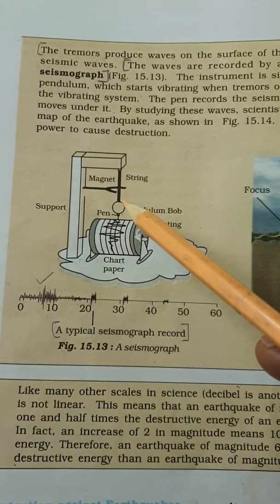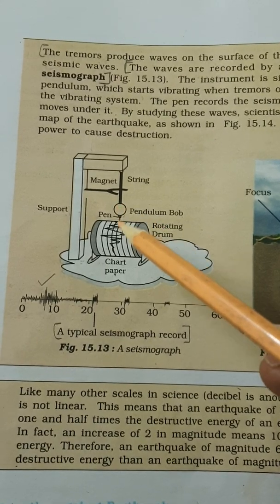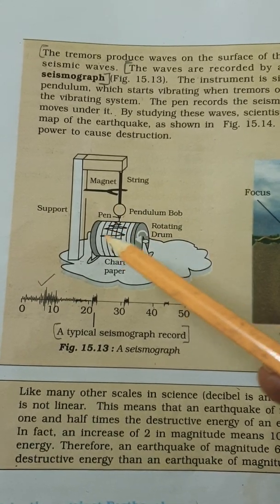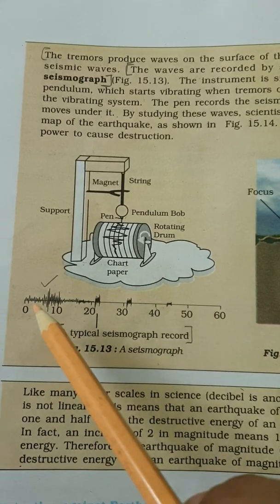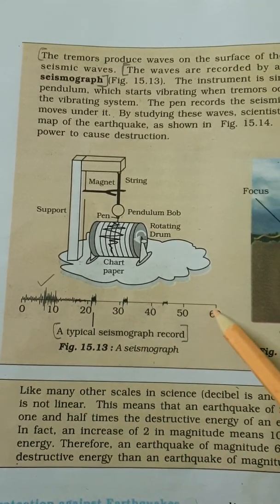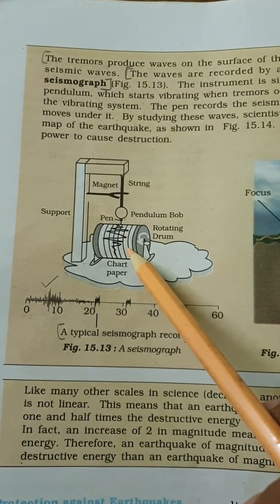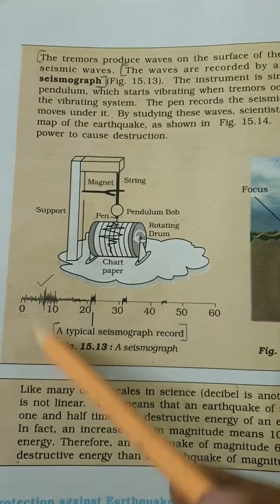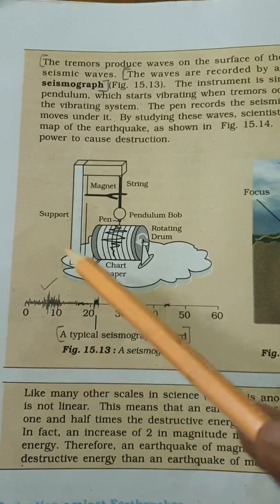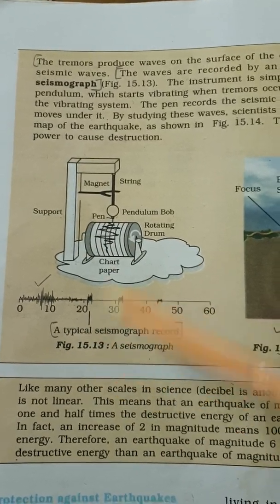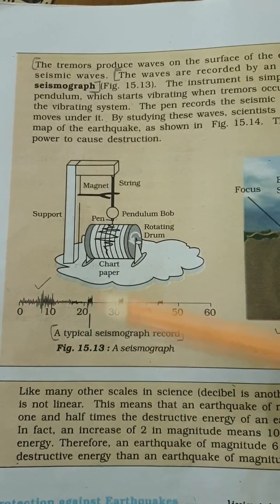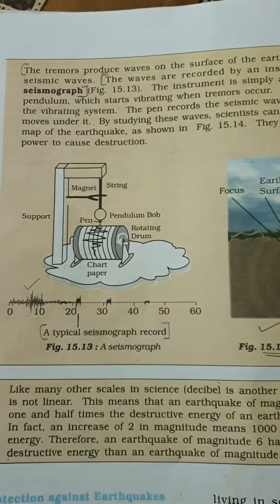What will move will be the pendulum, and the tip of the pen will create waves over here. So what you see here are the waves which are recorded with the help of this seismograph. Understand? So if it is severe, the waves will be more, or it will be more up and down. So crest and trough will be seen very clearly.